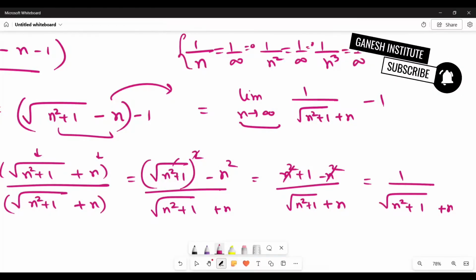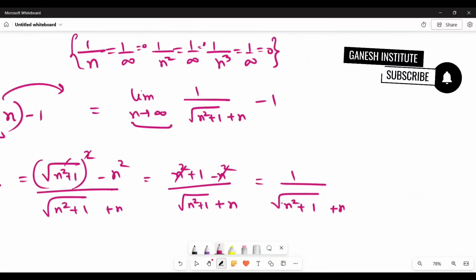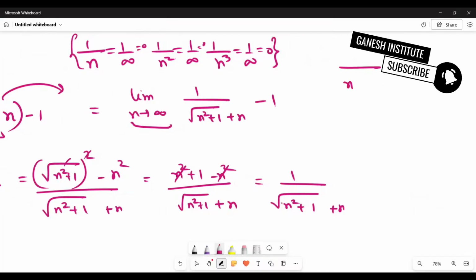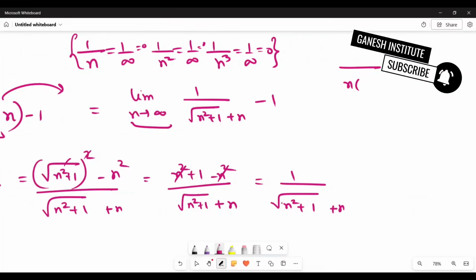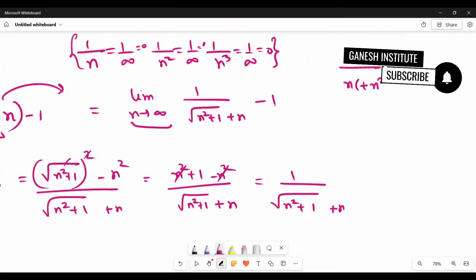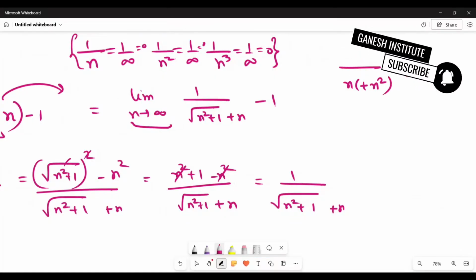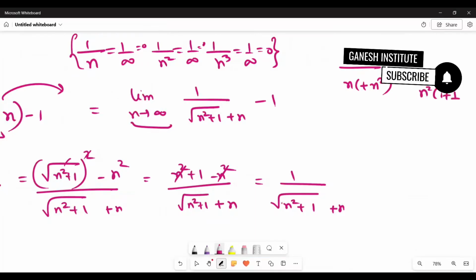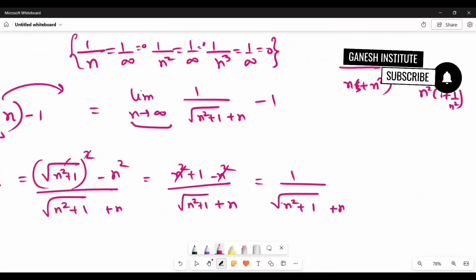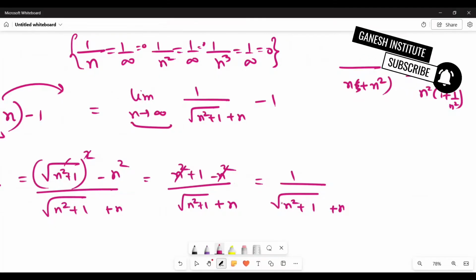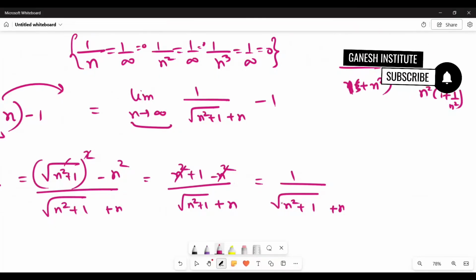Yes. So it would be better, even if you have something in the denominator, something like n square, so you can take out n square common so as to make it this way. Let's say this is 1 plus n square.